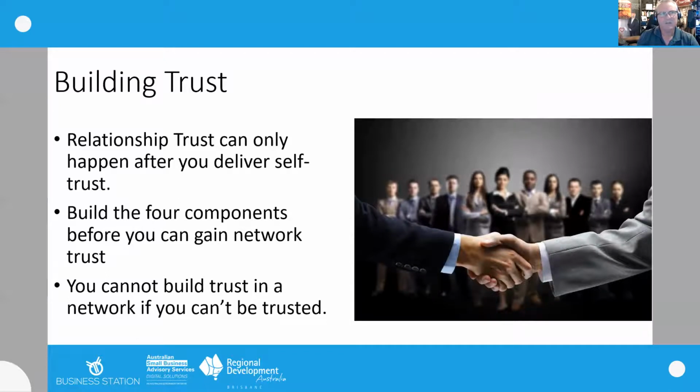So building relationship trust can only happen after we deliver that concept of self-trust. So we build those 4 components before we can expect to gain trust within the network. You cannot build trust in a network if you are seen to be someone that can't be trusted. So it's a really simple formula when you look at it like that.